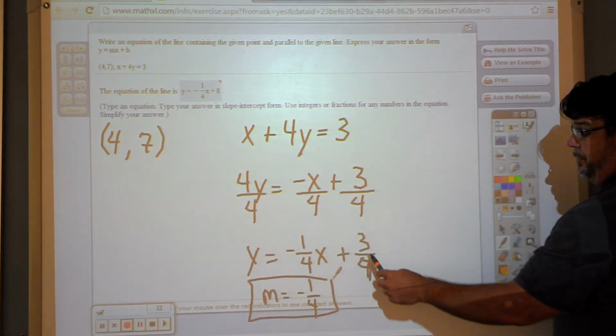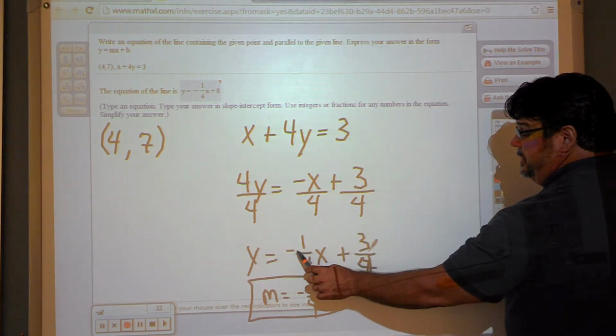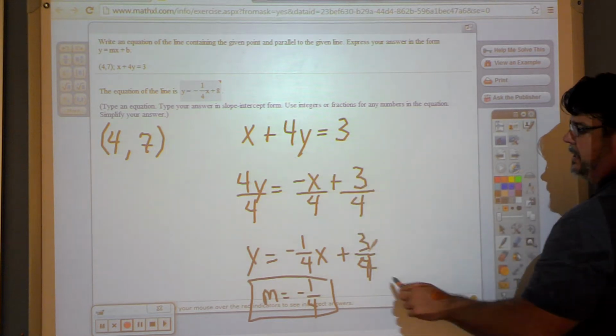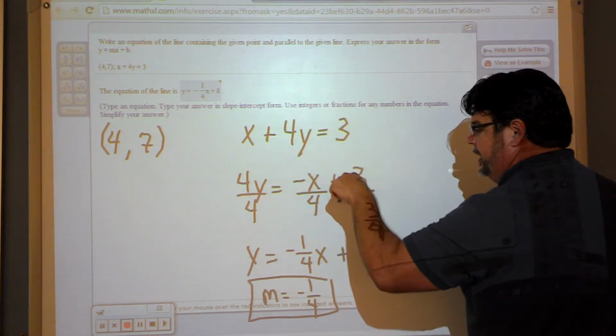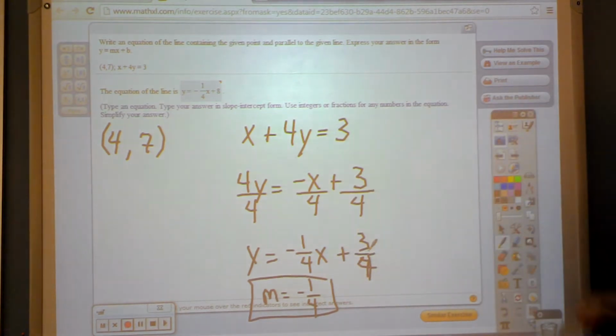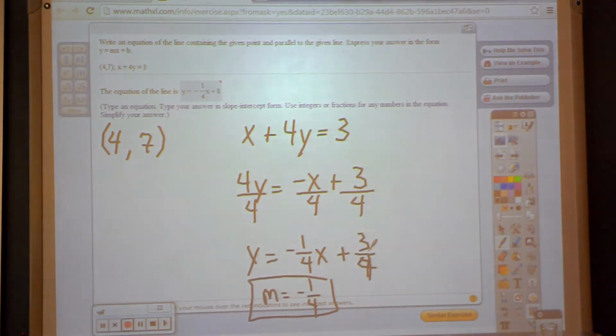You would plot 3/4, the y-intercept. It's a negative slope, which means left to right down, 1 down, 4 over. But that's going to be a mess because it's a fraction.